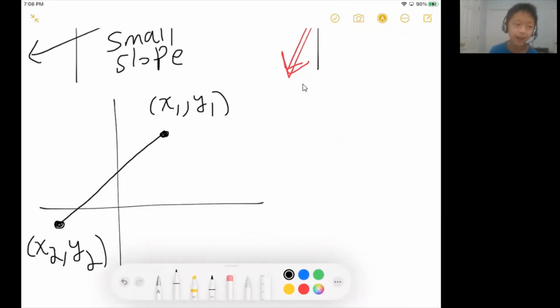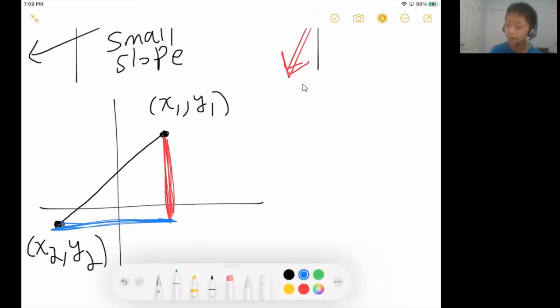That basically means you take the vertical difference between the 2 y coordinates and divide it by the horizontal distance. So you take the red distance divided by the blue distance.